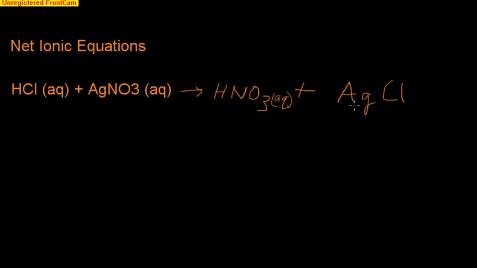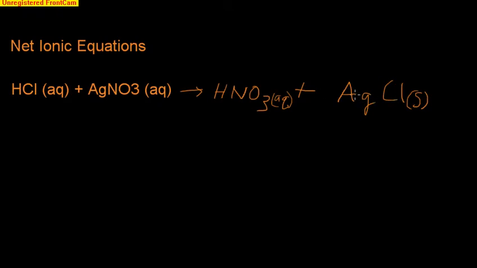If we look at the silver chloride, all chlorides are soluble except for some exceptions, and silver is one of those exceptions. So in this case, silver chloride is not aqueous, but a solid. So we're going to put an s on the end of that to indicate that this does not dissolve.